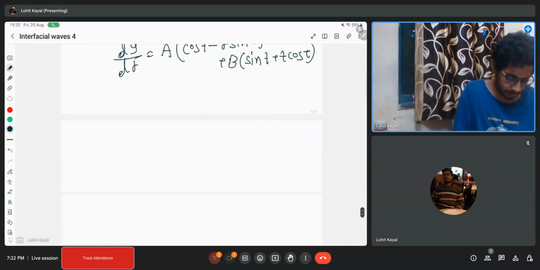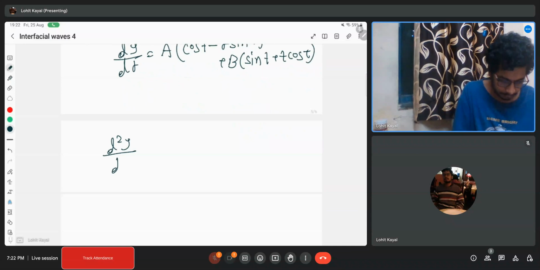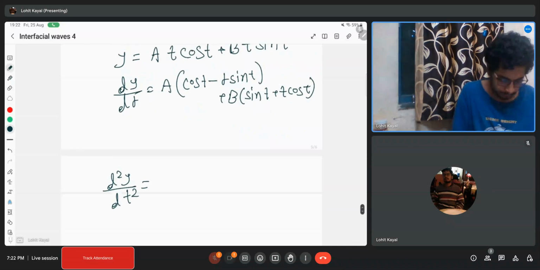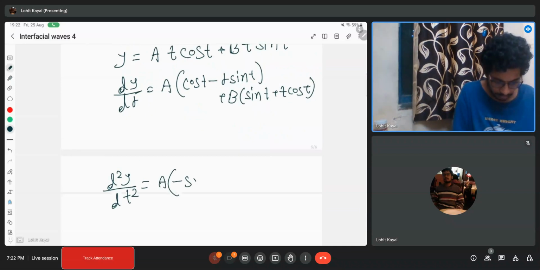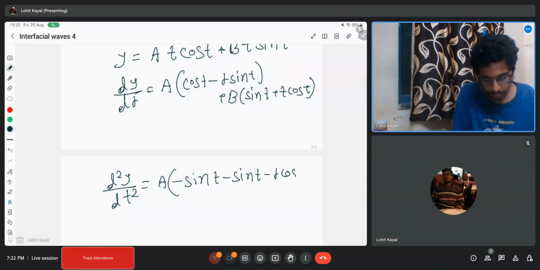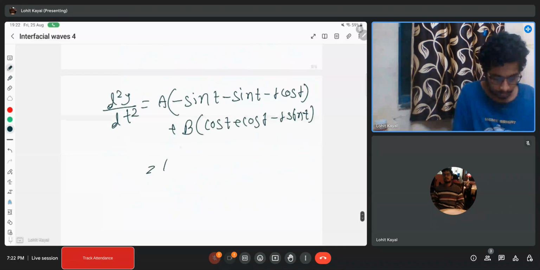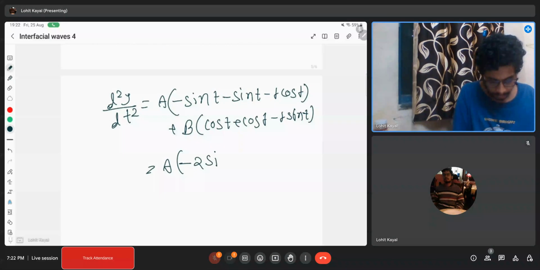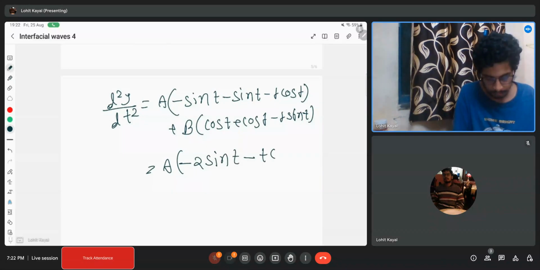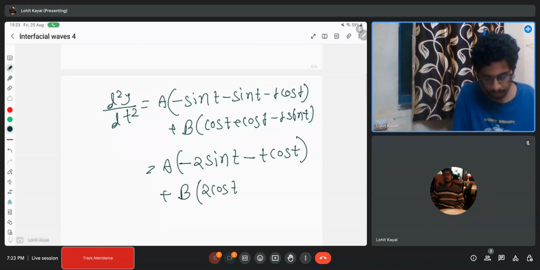Now do d2y dt square. It will be a into (minus sine t minus sine t minus t cosine t) plus b into (cos t plus cos t minus t sine t). So it will be a into (minus 2 sine t minus t cosine t) plus b into (2 cosine t minus t sine t).